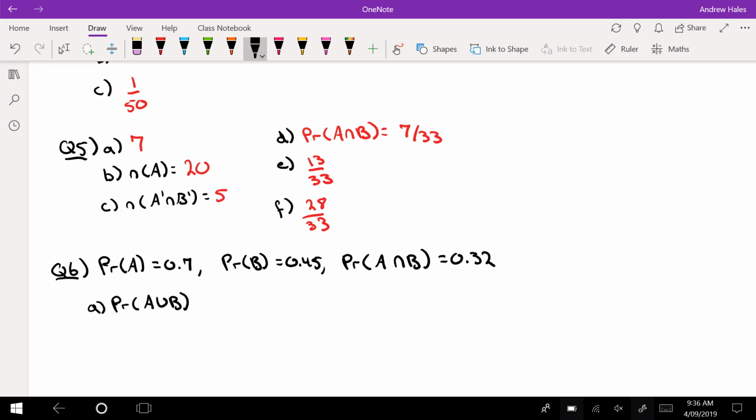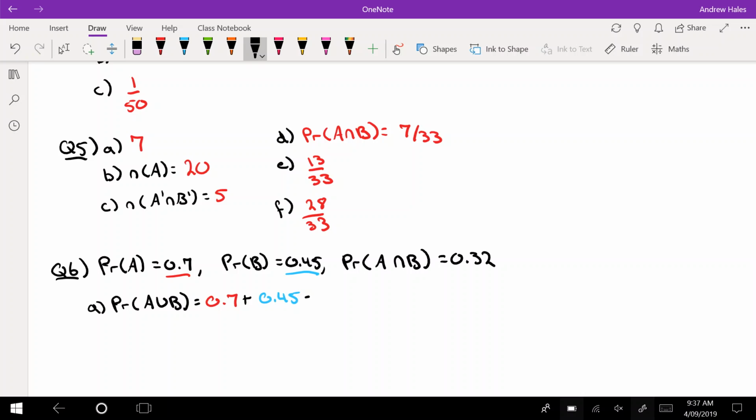Well, remember, this is using our addition rule, that the probability of A union B equals the probability of A plus the probability of B, take away the intersection, because we would double count it if we were going to count them both. So that is equal to the probability of A, which is 0.7, plus the probability of B, which is 0.45.